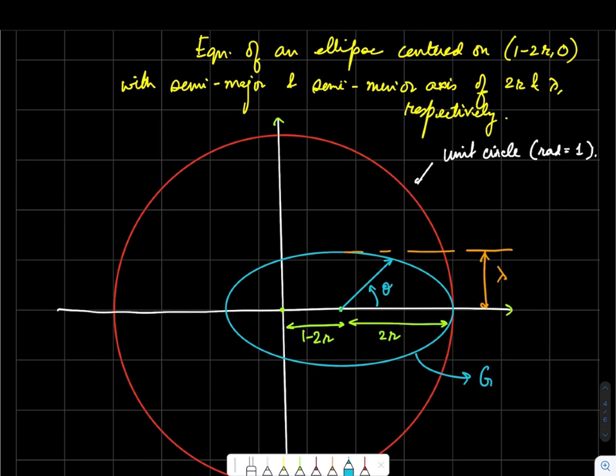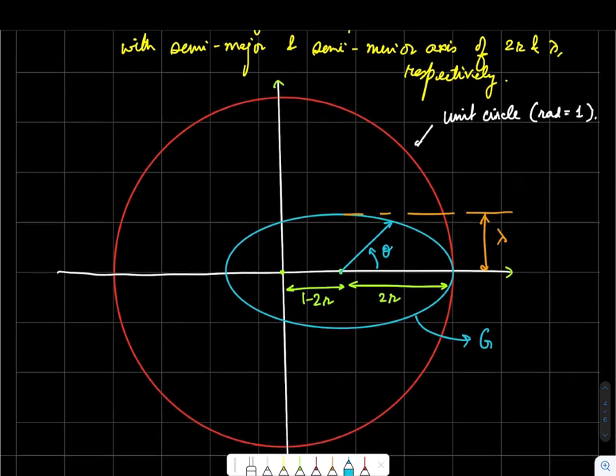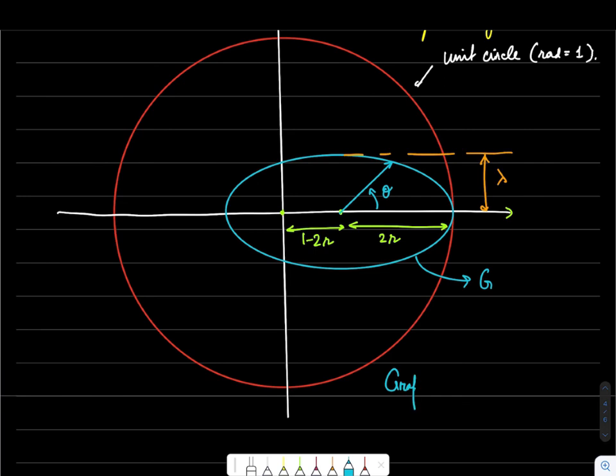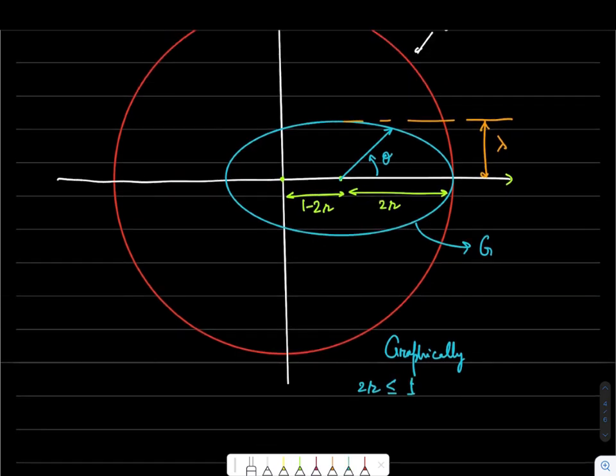So if you look at it in terms of stability, what we would really like is, graphically, we would want 2r to be less than equal to 1, because we don't want this point to go beyond this unit circle, because if it goes beyond, then we have a condition of instability. So 2r should be less than equal to 1, which means r should be less than equal to 1 by 2 for stability.